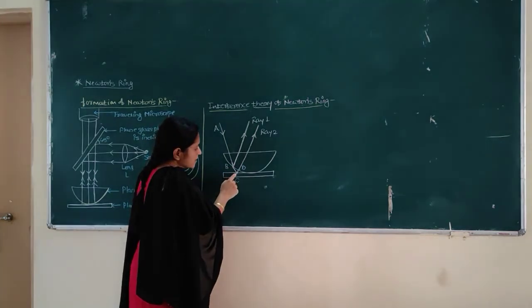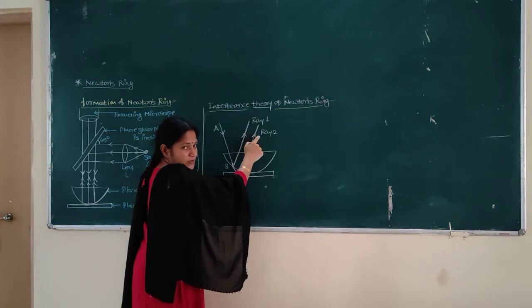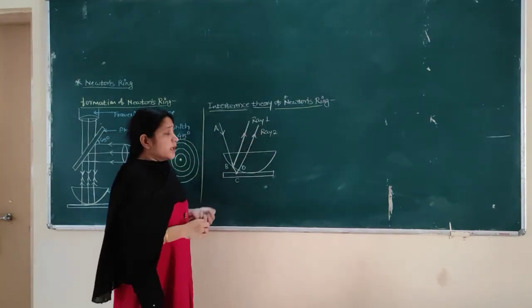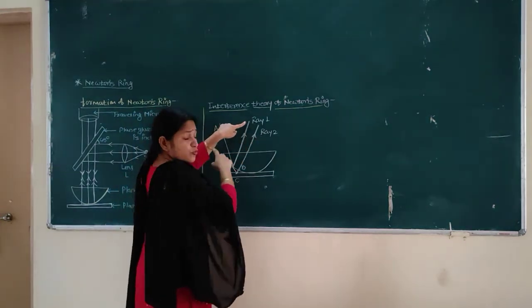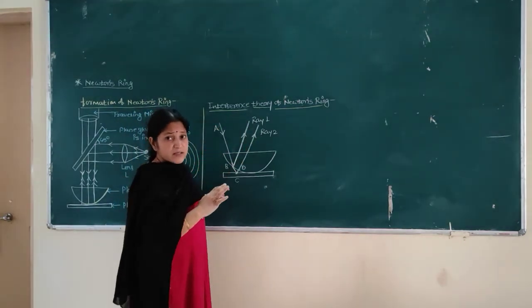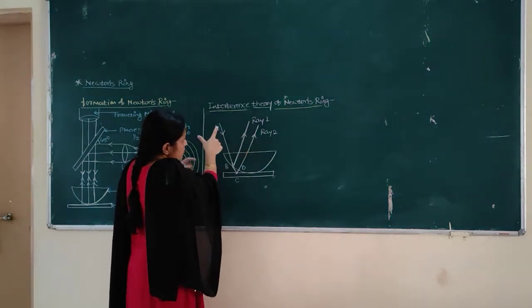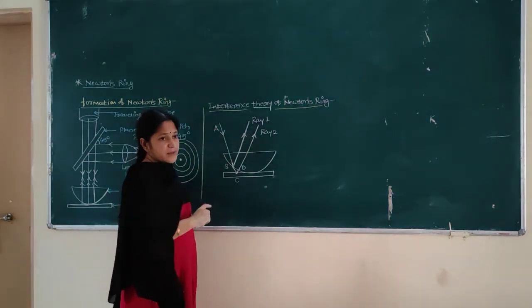Again from the point C the ray will be reflected in this direction and called ray 2. Now these ray 1 and ray 2 both are coherent rays because both rays are derived from the same incident ray AB.